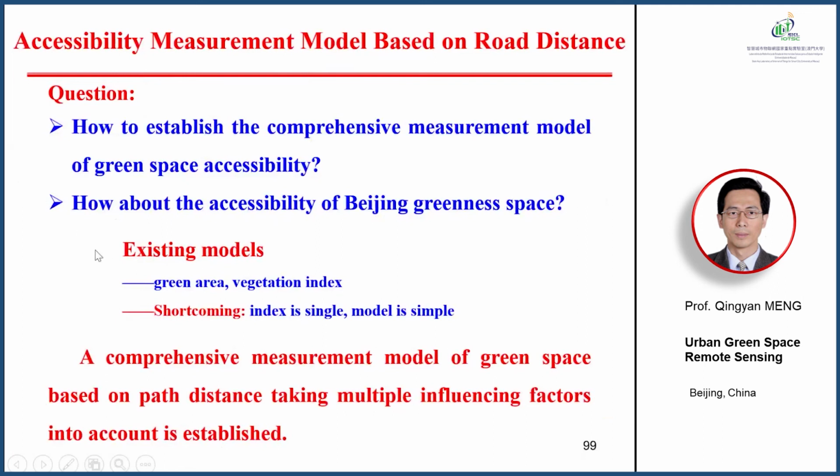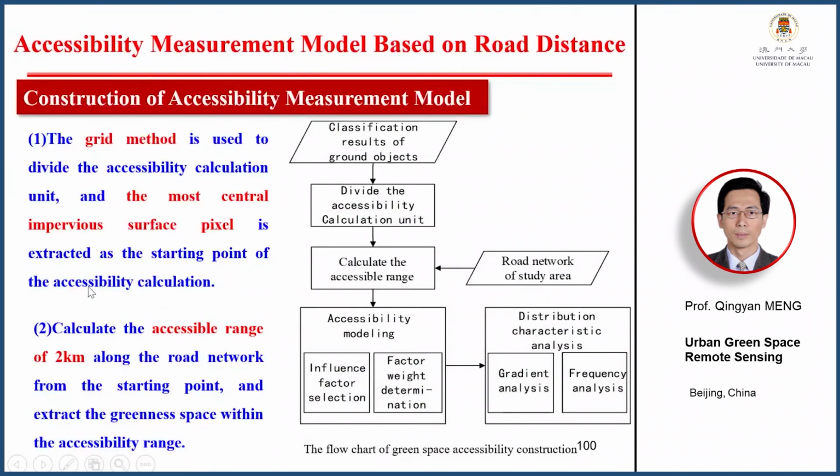Then we choose a comprehensive measurement model of the green space based on the path distance, okay, taking into account multiple influencing factors, which is established.